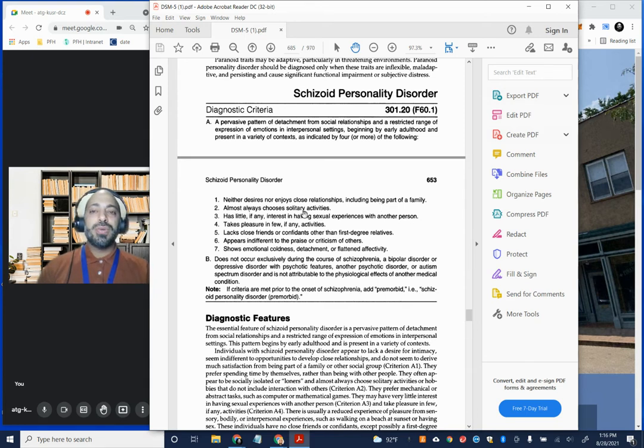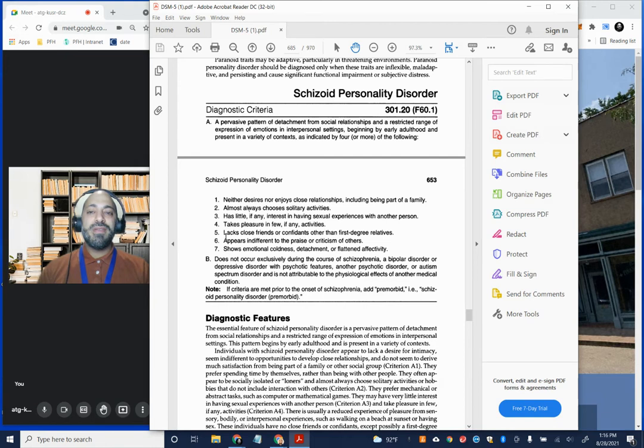Number two, almost always chooses solitary activities. Number three, has little, if any, interest in having sexual experiences with another person. Number four, takes pleasure in few, if any, activities.